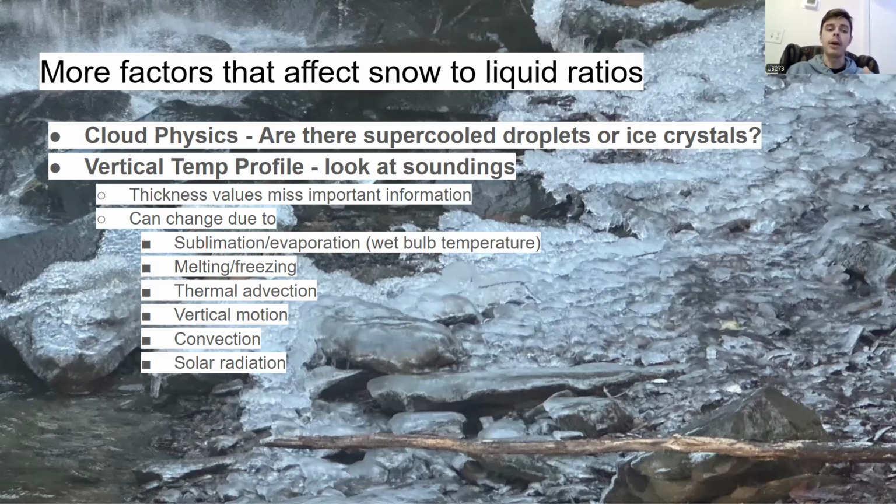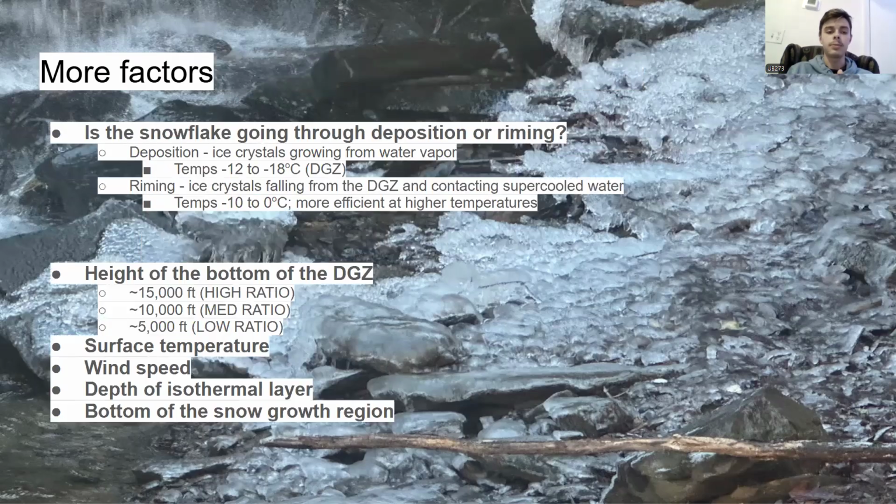So this vertical temperature profile can change due to sublimation or evaporation, melting and freezing, thermal advection, vertical motion, convection, and solar radiation. Some more factors that can affect our snow to liquid ratio are whether the snowflake is going through deposition or riming. If you remember, deposition is where we get ice crystals growing from water vapor, going from a gas to a solid.